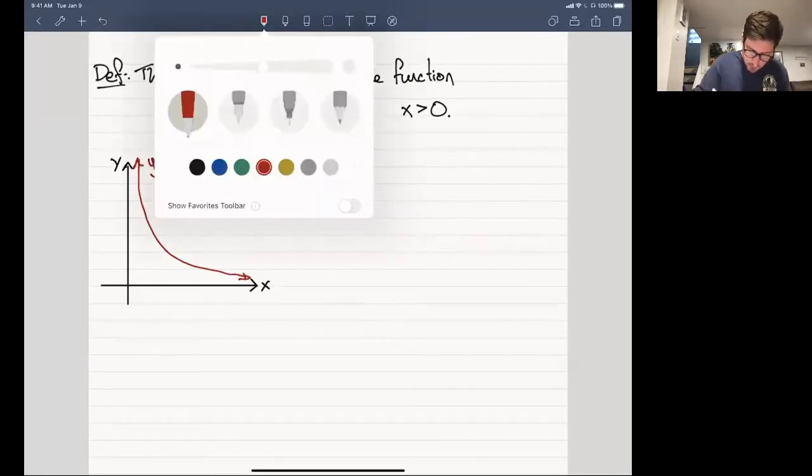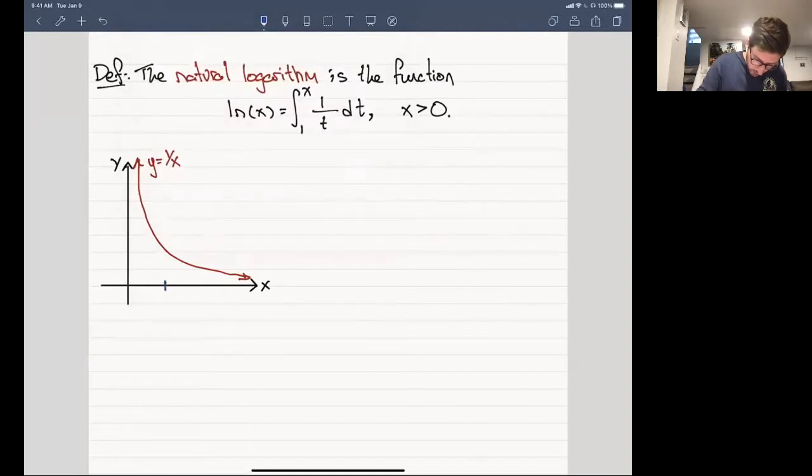And we can see that we are starting at 1. And so if x is bigger than 1, let's just say we're going to go over to this value right here. This could be x bigger than 1. This is going to give us the area under the curve of this function. So this area, let's say, area equals ln of x.